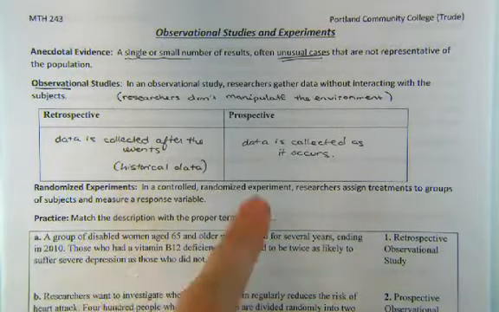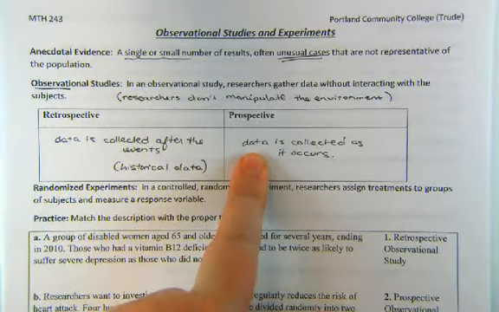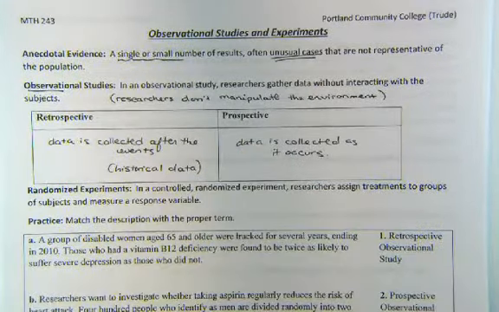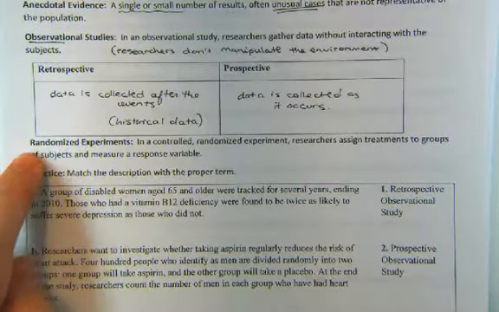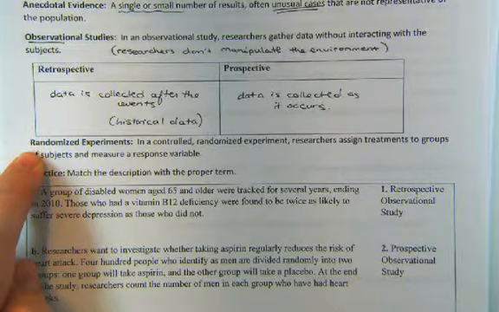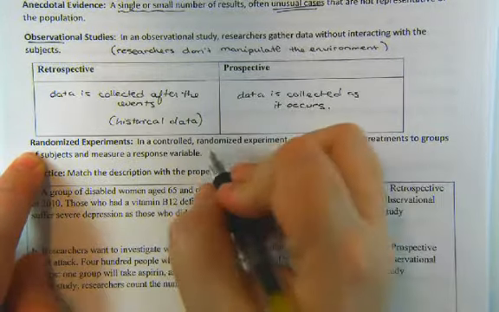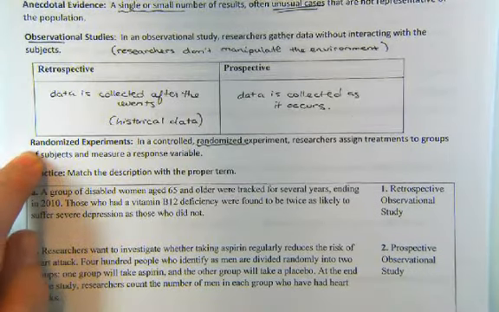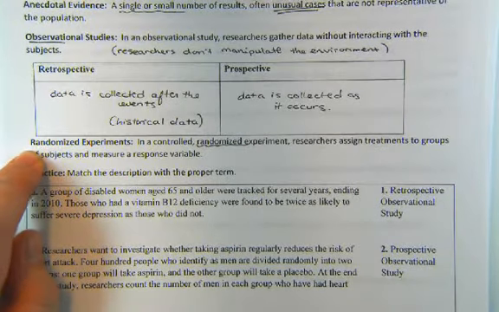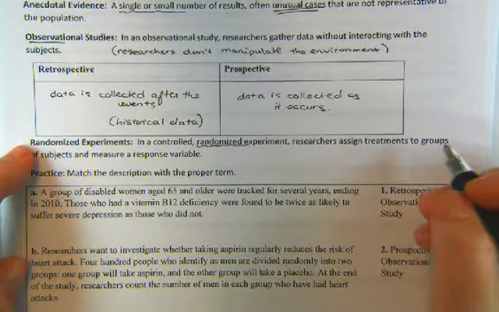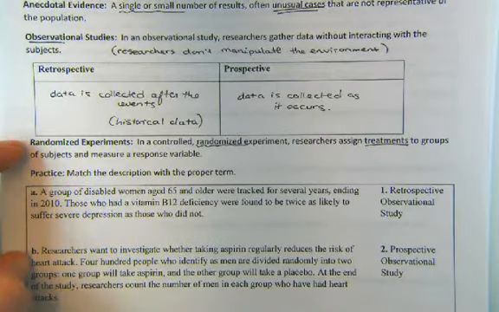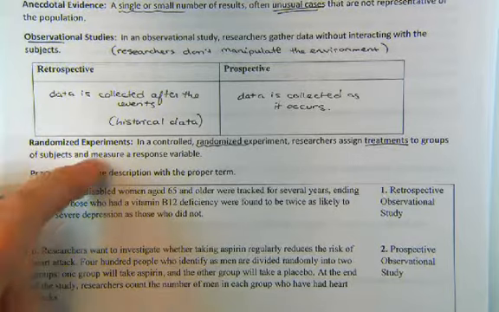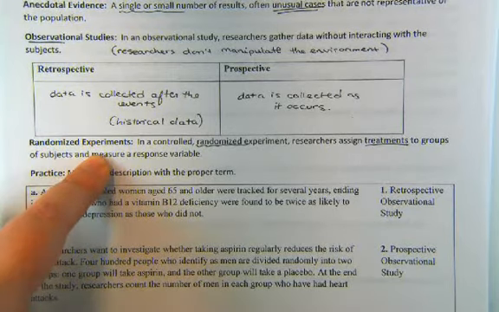If researchers want to change the environment, that's where they run a randomized experiment. So some pieces to this. Randomized means that they randomly assign into two groups. They're going to have these treatment groups and then a control group, which we'll talk about on the next page. And then they measure how they respond to what they're manipulating. They throw this factor into the experiment and see how things respond.